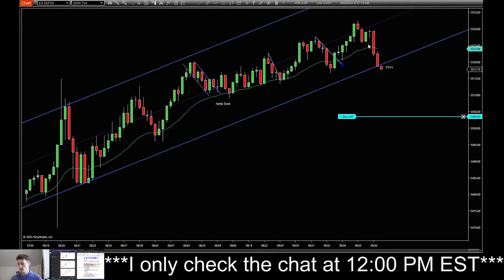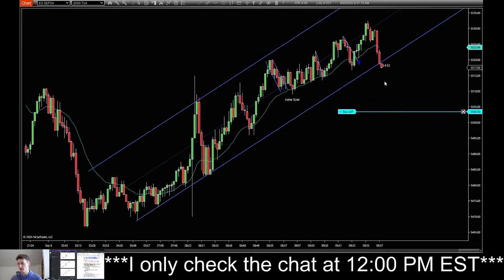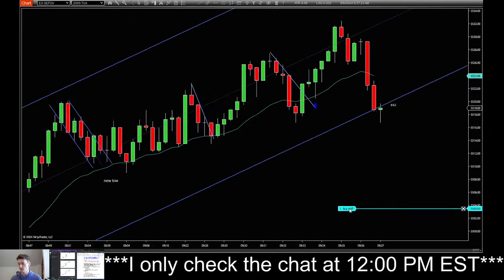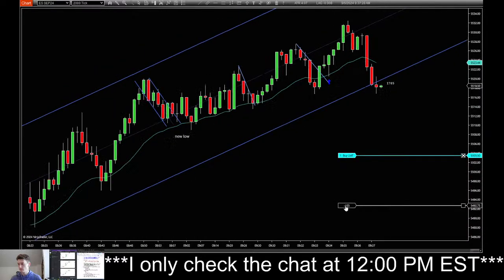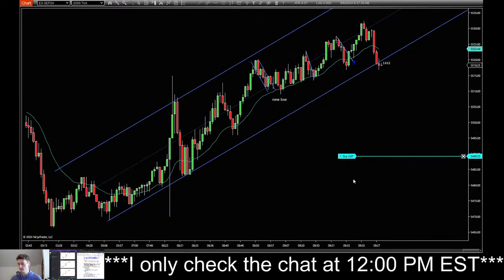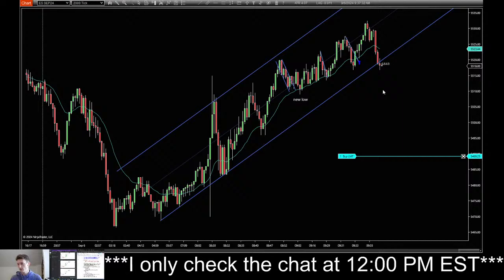Okay, there's still a possibility for a second entry long off the trend line though. That's a pretty strong downtrend, so I don't know if I want to really go against that, but let's see. No good signal bar anyway. So we'll look for some sort of higher low if prices push up above the EMA.